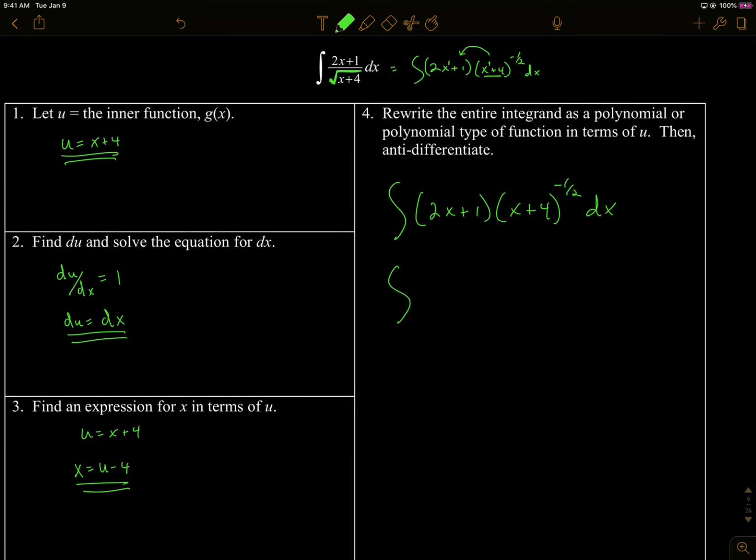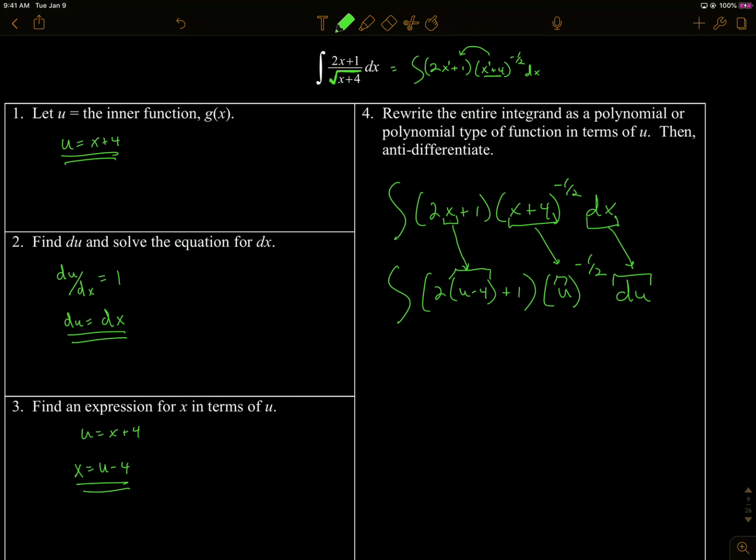So I've got the integral of, now I'm going to start making my substitutions. 2, and then x is really equal to u minus 4, plus 1, times x plus 4 is really equal to u to the negative 1/2, and then dx is really equal to du. What I did was I took out x and replaced it with u minus 4, I took out x plus 4 and replaced it with u, and then I took dx and replaced it with du.